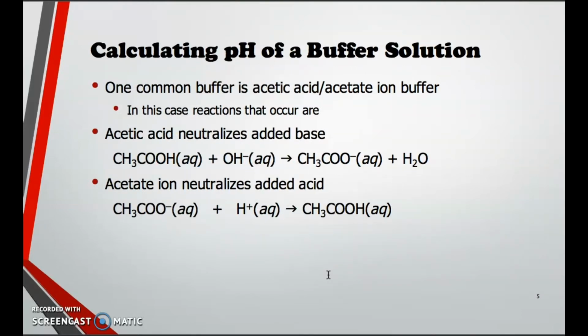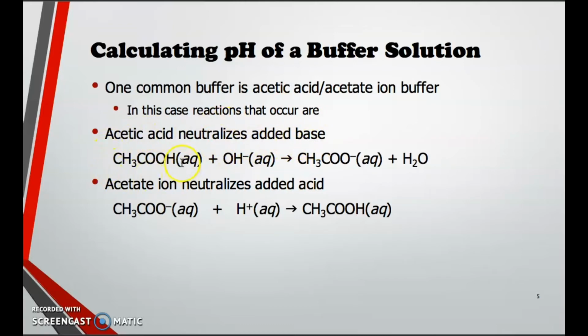Calculating pH of a buffer solution. One common buffer is the acetic acid and acetate ion buffer. In this case, the reactions that occur are: acetic acid neutralizes added base.